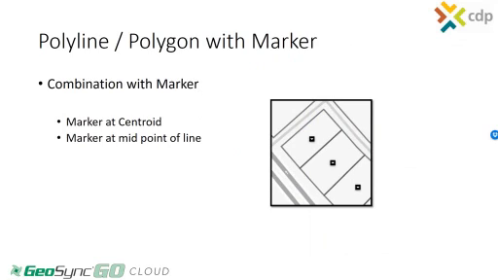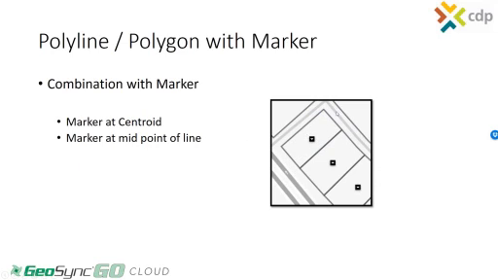We can also do a combination with a polygon and a marker. In this case, we have a combination with a marker, and this can be helpful from time to time, because we can place a marker at the centroid or a marker at the midpoint of the line. Sometimes that's helpful for display purposes. And this is a good example of that.